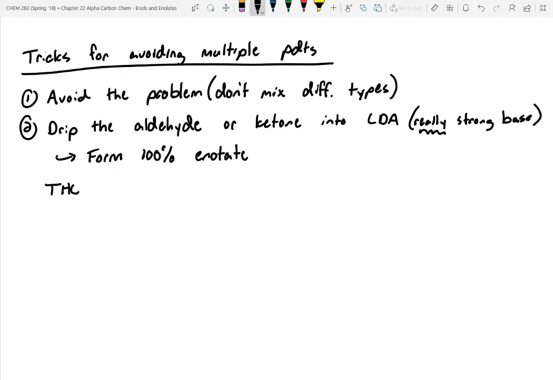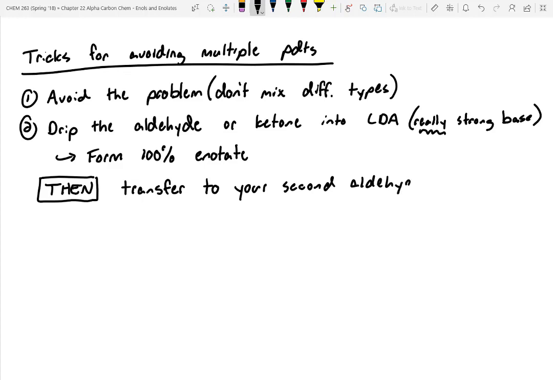Then, after you've formed 100% of your enolate, you would transfer to your second aldehyde or ketone. By doing this, your second aldehyde or ketone really doesn't have a chance to form an enolate very readily because there's no base around at that point, right?